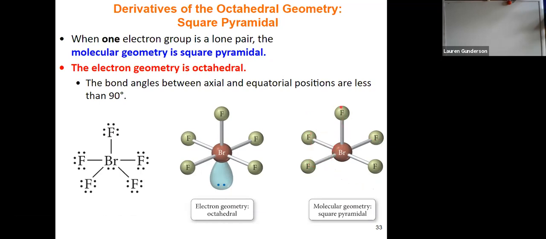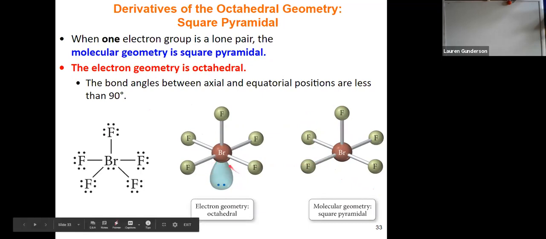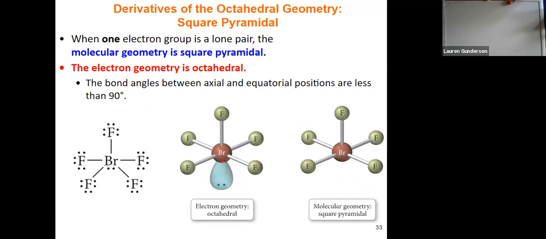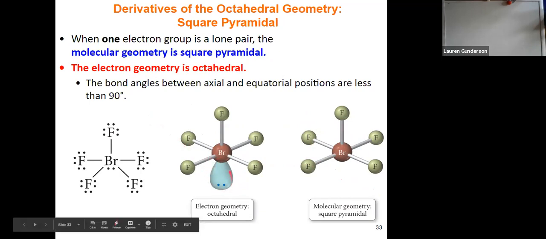We're missing the bottom part of it. Now, because we have a lone pair replacing this position here, our bond angles are no longer going to be 90 degrees. They're not going to be perfect anymore. Now they're all going to be less than 90 degrees because there'll be extra repulsion coming in from this lone pair.